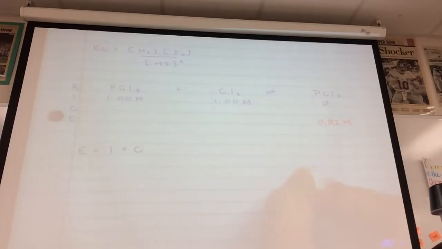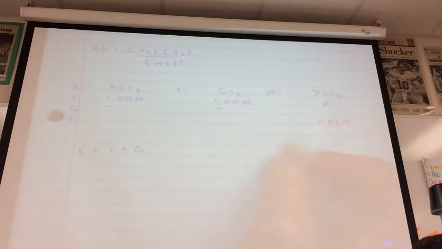If the reaction is going in the forward direction, what must happen to concentrations of reactants? They will decrease.